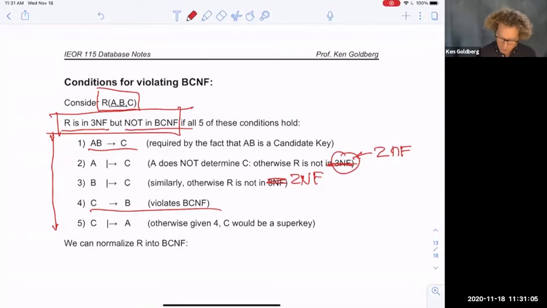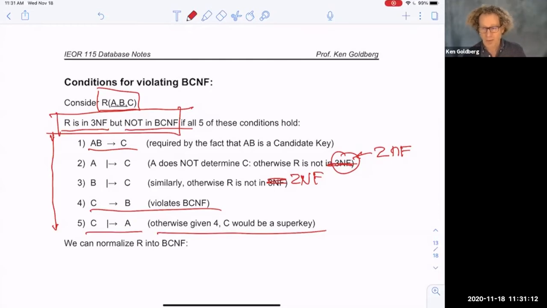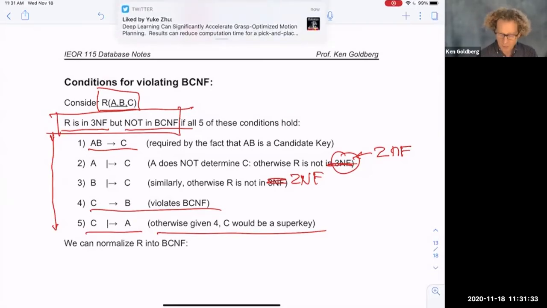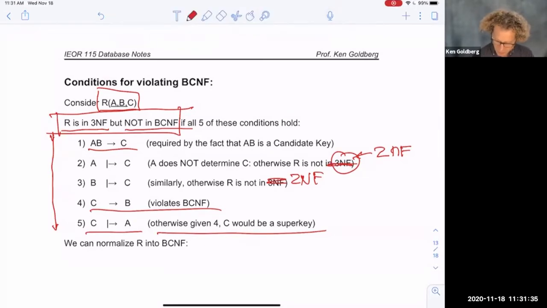If C also determined A, then C would be a superkey, and then it would be back into Boyce Codd normal form. So you see, there's some subtlety here. This is in a way a minimal example that shows you how to get yourself into third normal form, but not into Boyce Codd normal form. And it helps you understand all these nuances.